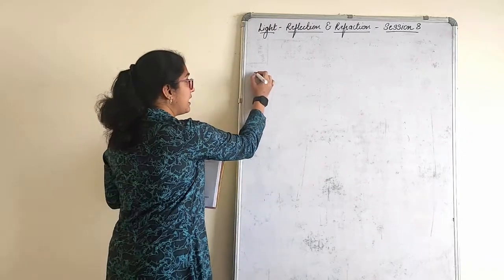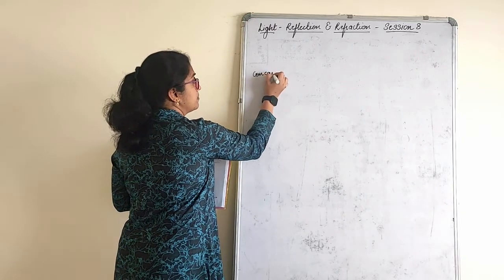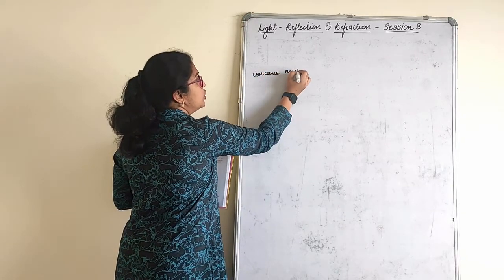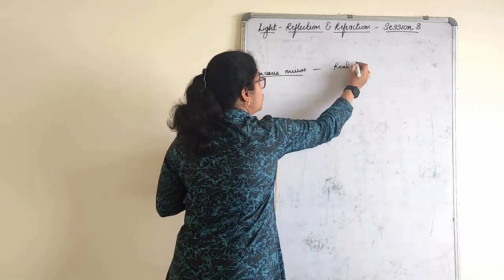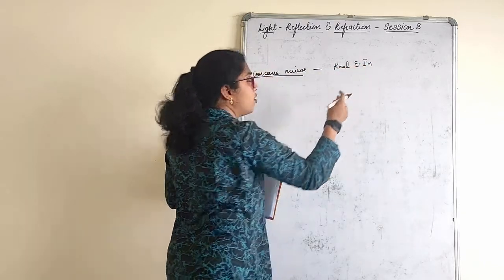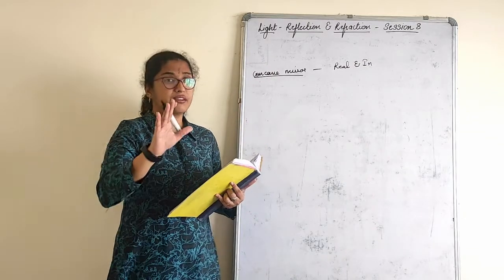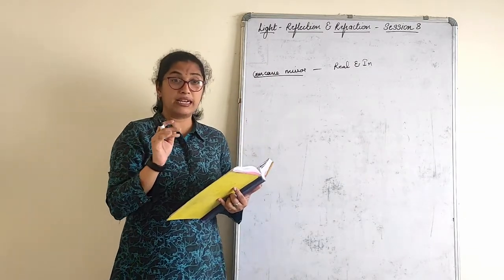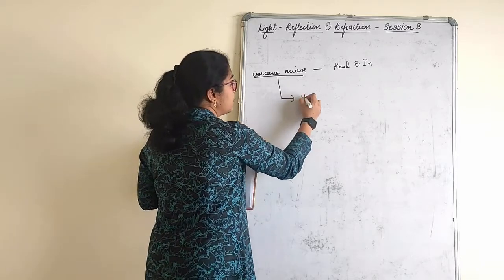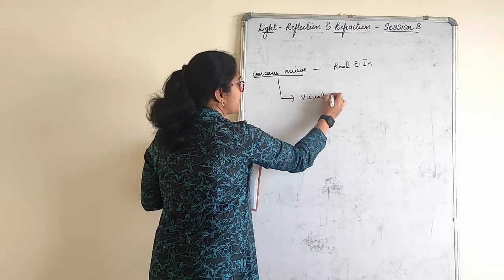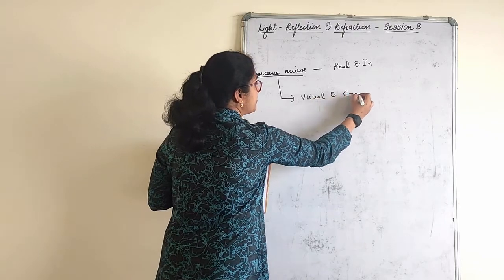Now, concave mirror. Usually, what type of image do we get for a concave mirror? We usually get real and inverted. All the images are real and inverted for a concave mirror. We know that. Only in one condition, in a concave mirror, we get virtual and erect.